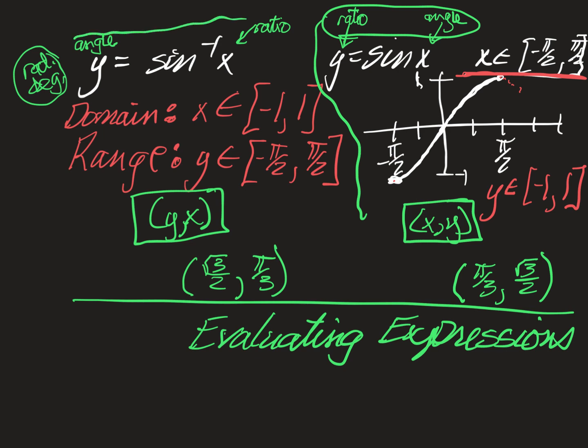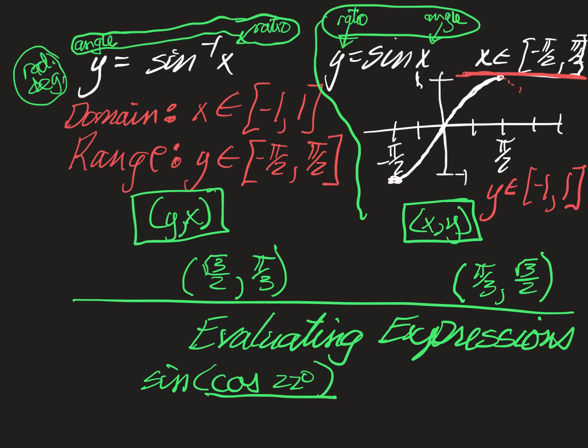And the reason it's important is once you do a trig function of an angle, you get a ratio, okay? Now, you can't take the trig of a ratio, so you could never say something like, find the sine of cosine 22 degrees. It doesn't make sense because then you're taking the sine of a ratio, and a ratio is not an angle. So this never makes sense.